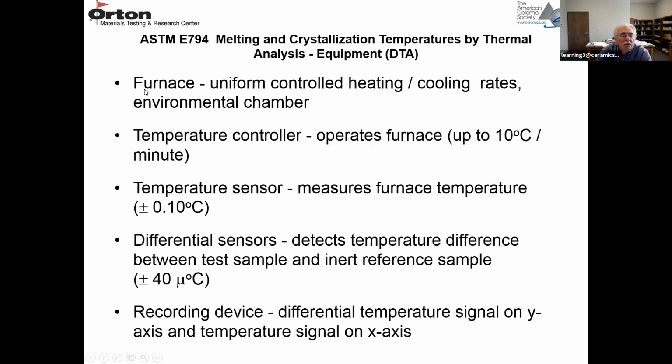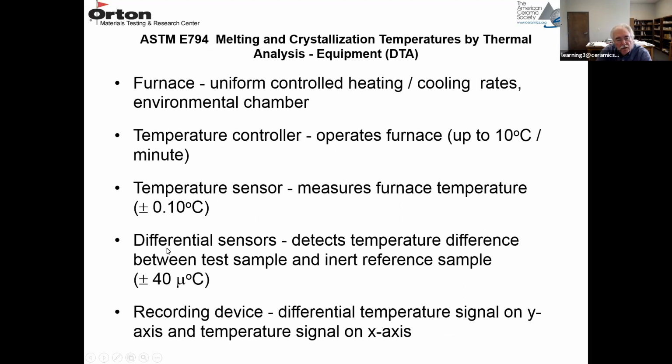The equipment, the thermal analyzer, is a furnace capable of controlling a heating and a cooling rate. And there's an environmental chamber if you want to control the gas atmosphere. You have to have a temperature controller. Usually these tests are run at about 10 degrees C a minute. You need to measure the furnace temperature, so you need a decent temperature sensor.